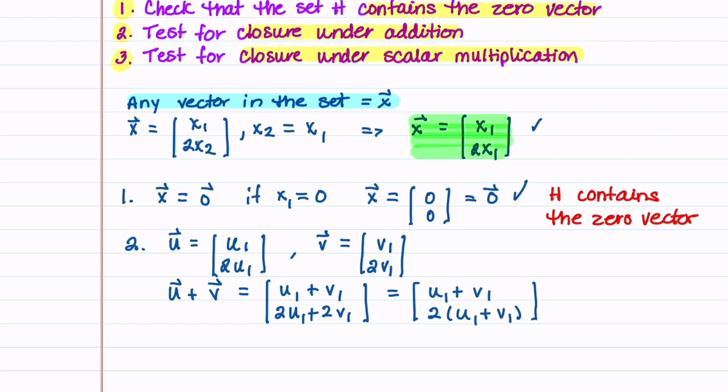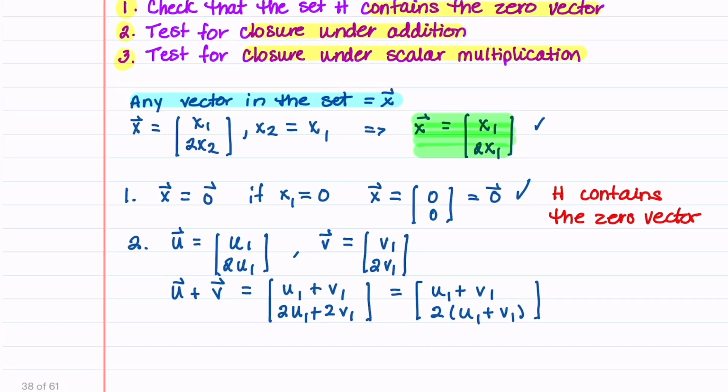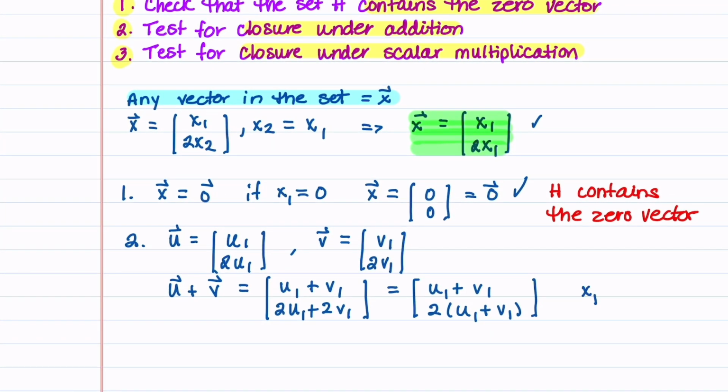Now we have to see if this vector looks like our vector x that I highlighted above in green. And you can see that if we set x1 equal to u1 plus v1, these 2 vectors will be exactly the same. So this tells us that our set H is closed under addition.